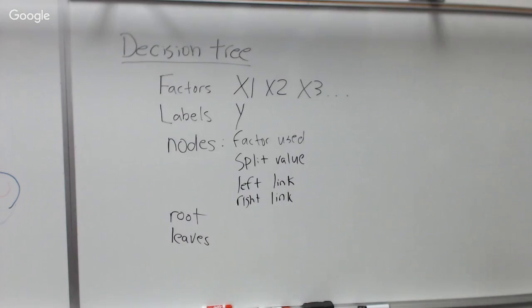Those are all the things you need to define a decision tree. Okay, now I'm going to give you a concrete example of some data we can work with. And actually, for the decision tree assignment that's coming up, we're going to use this data.